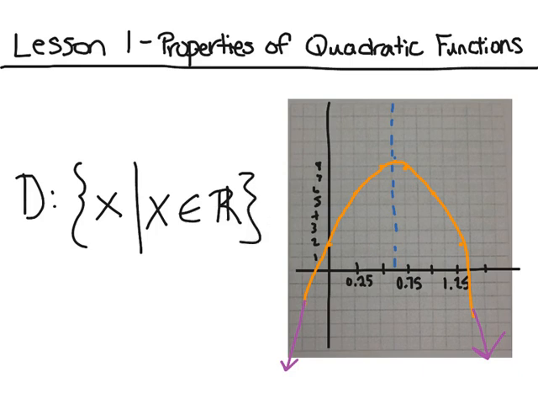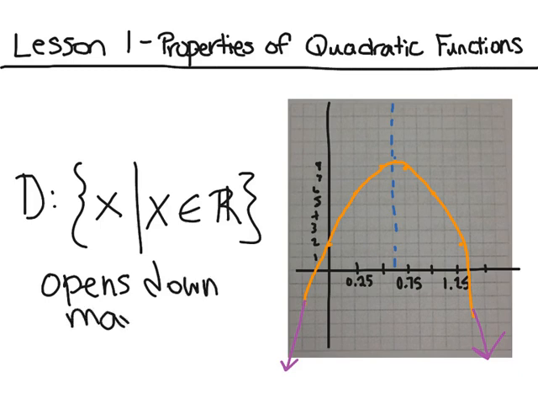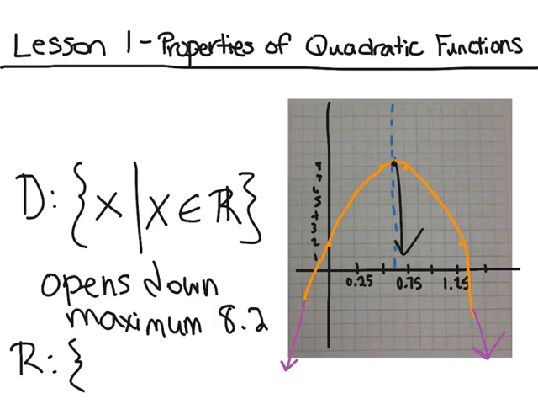Now we have maximum and minimum y's. So x can go forever, but because this parabola opens down, we have a maximum value of y. So there's a maximum at 8.2. So for our range, we know that everything has to be smaller than 8.2.